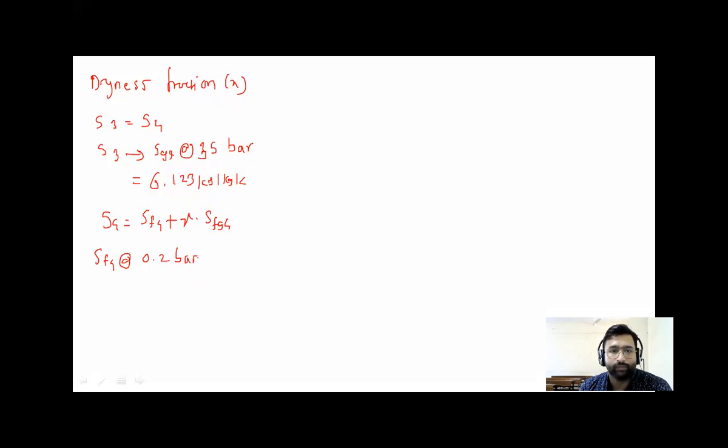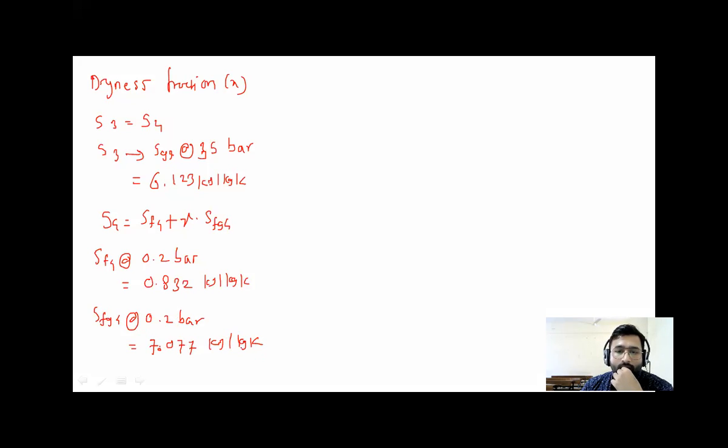So now here SF4 at 0.2 bar is how much? So at 0.2 bar, what is SF? 0.832 kilojoule per kg Kelvin. And what is SFG4 at 0.2 bar? What is SFG value? 7.077 kilojoule per kg per Kelvin. Others also please check if there is any.